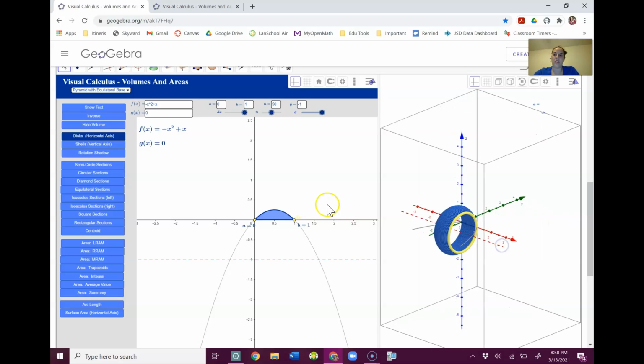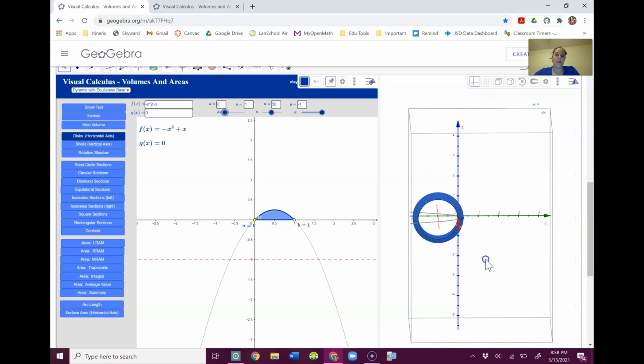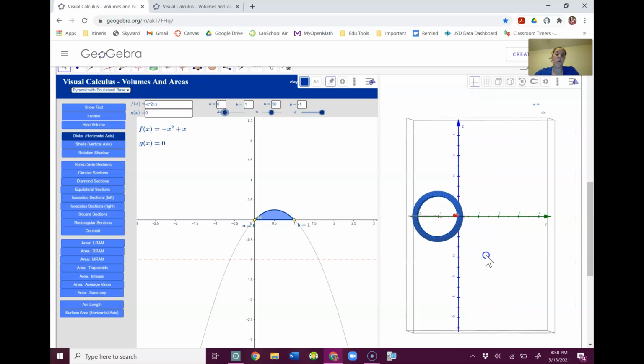Now maybe you can start to understand why we call these ones washers. So if you look at the yellow dx as it moves, this is the shape that we're looking at. So there is our washer.